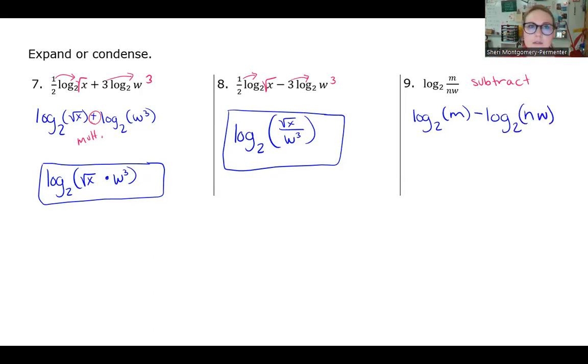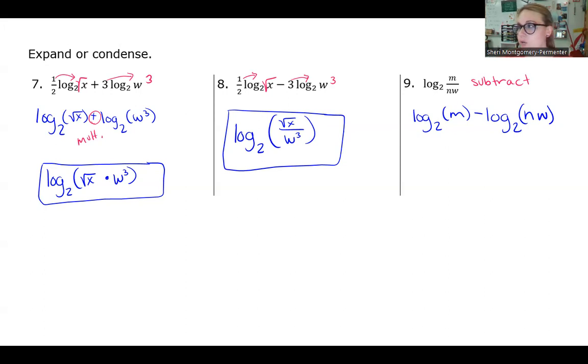Am I done? Why not? You're done expanding when you just have one value inside. So this one has 2, so I have to expand it further.